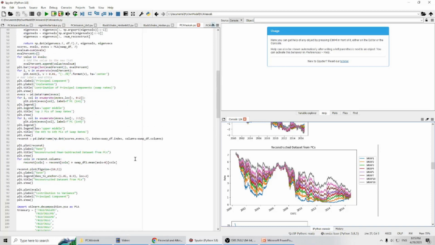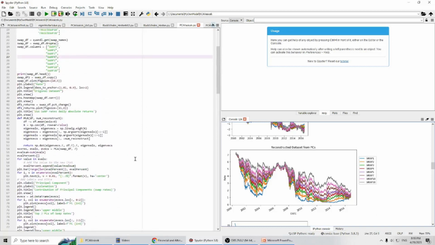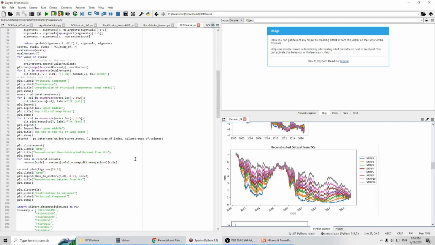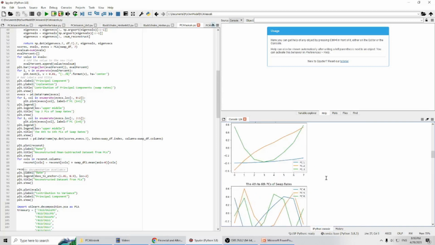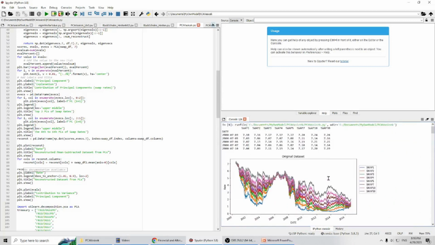If you check my program, this is the reconstructed mean-subtracted data set, and here I just put the mean back to the reconstructed data set. And this graph shows a very similar pattern to the original data set.